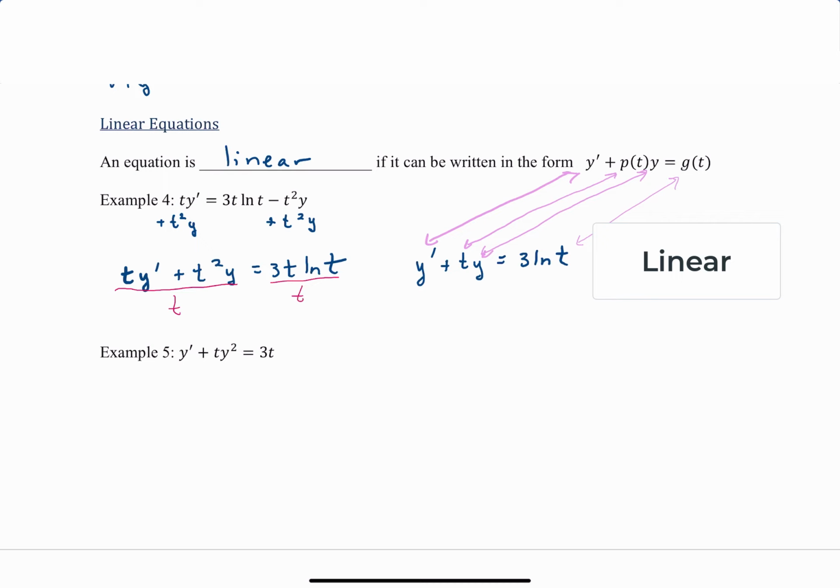Let's look at y prime plus ty squared equals 3t. Now, at first glance, that looks pretty good. I've got y prime all by itself. I've got stuff with t's multiplying a y. And on the right-hand side, I have only t's. But this is not actually linear. Can you guess why?